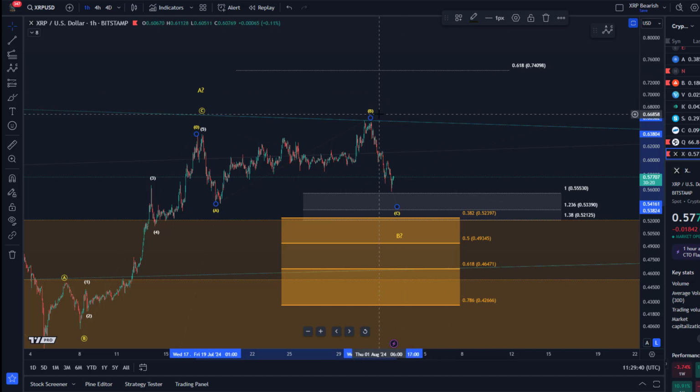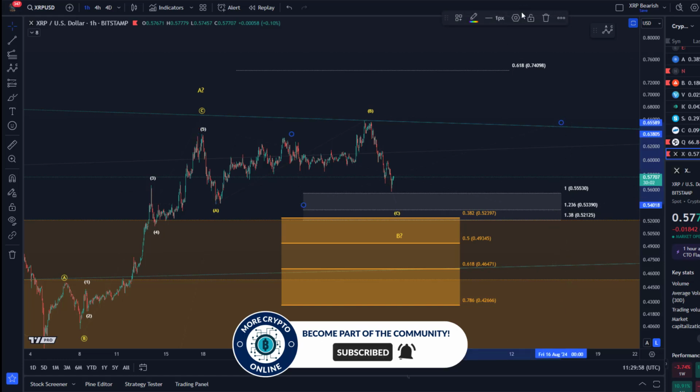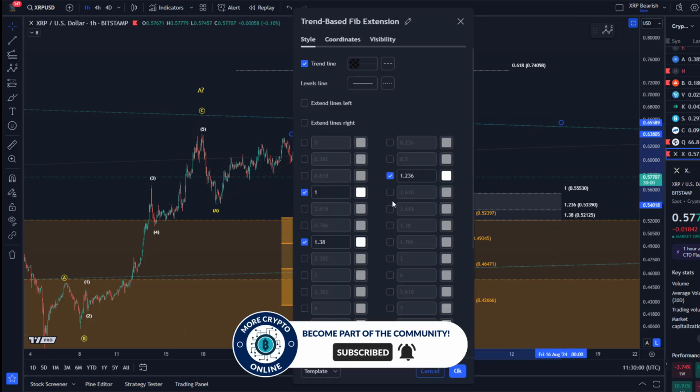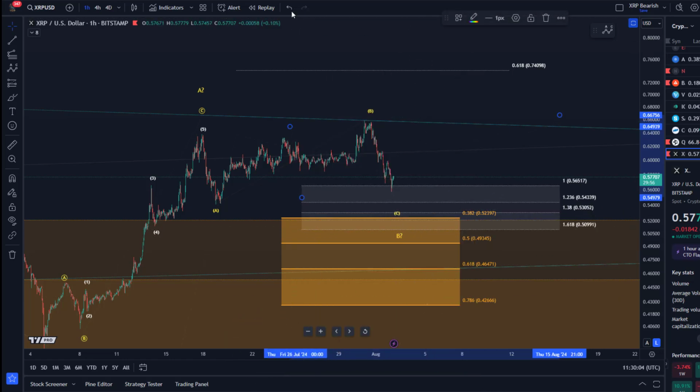Now, whenever that's the case, we can still calculate the length of the C wave based on the length of the A wave. There are common targets, usually between the 100% and the 138% extension, maybe a little lower. There's not necessarily a maximum, but typically they would not go below the 1.618, but I haven't actually shown that here because we're then entering the larger support area for the B wave pullback as well.